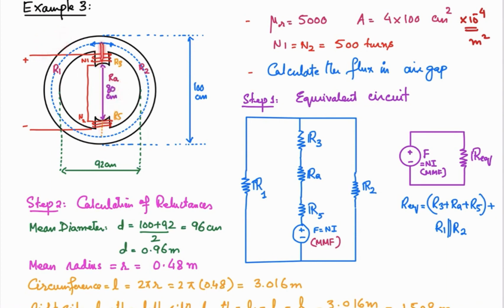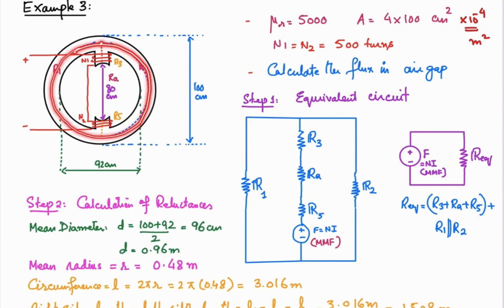So flux will be established, and that flux will be divided into two parts at this point. The outer diameter of the structure is 100 centimeter, and the inner diameter of the structure is 92 centimeter. And we have discussed in the last video that for the analysis of magnetic circuits, we consider the mean length, that is the central length of this part.